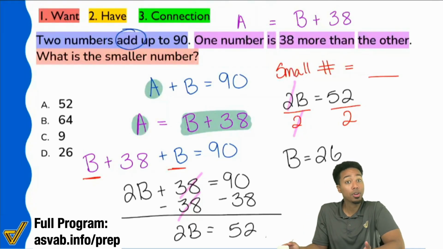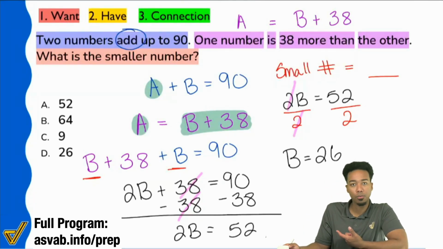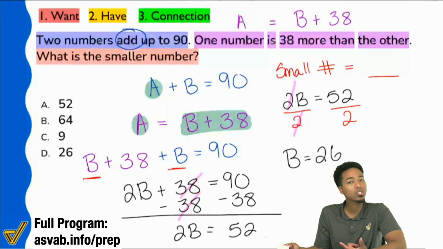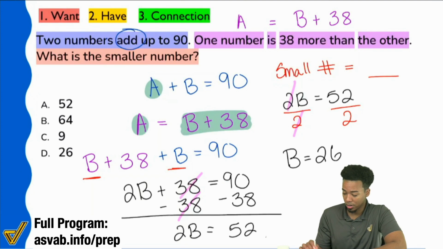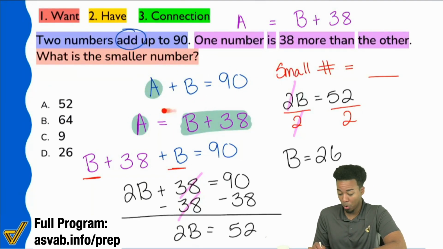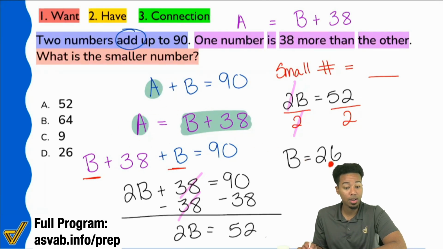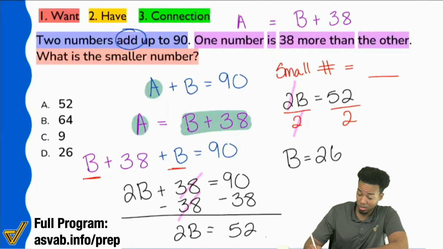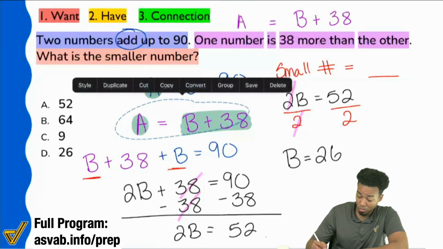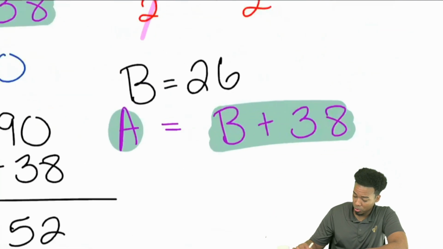Well, what's the other number? If one of the numbers is 26, what's the other number? And all you have to do to figure that out is go over here. Right over here. It says these two numbers add up to 90, or you can say that A is B plus 38. We found out that B is 26. So if we were to plug that in, let me zoom in over here.